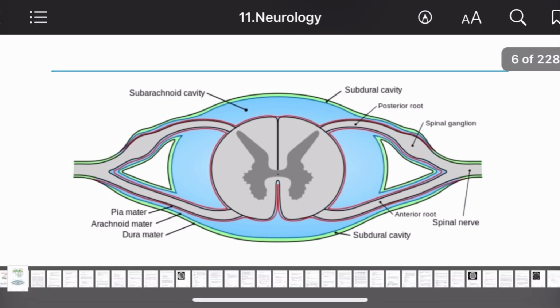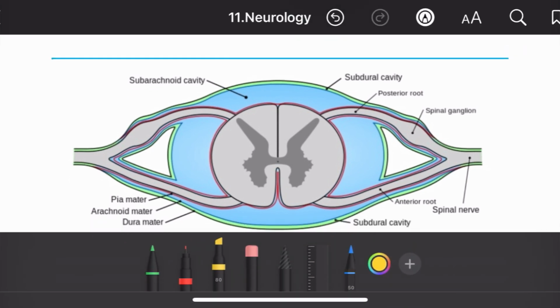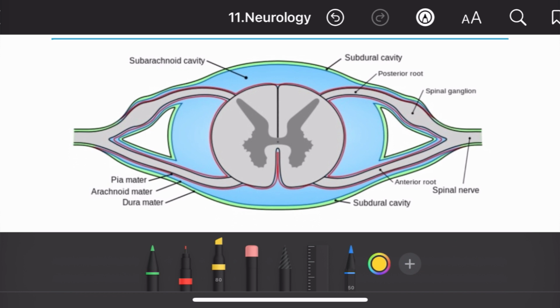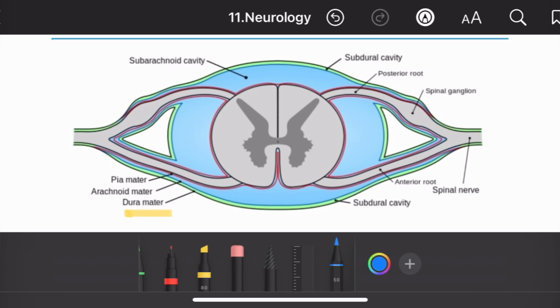Here you see a diagram showing the cross section of the spinal cord. In that you can see this is the dura mater, and just below the dura we have the subdural cavity.